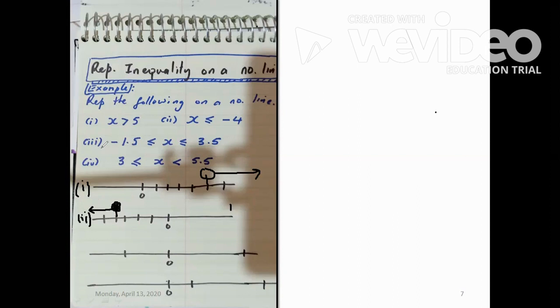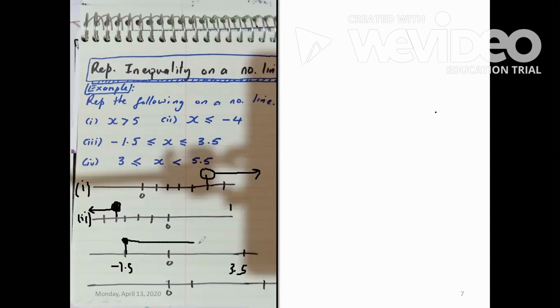Okay, part 3 is set up a little bit differently. As you can see, this represents an interval starting at -1.5 and ending at 3.5. Notice that the less than or equal to, less than or equal to indicates that those two ends are closed. So let's say this is -1.5, for argument's sake, and this is 3.5. It will start at -1.5, and that end is closed.